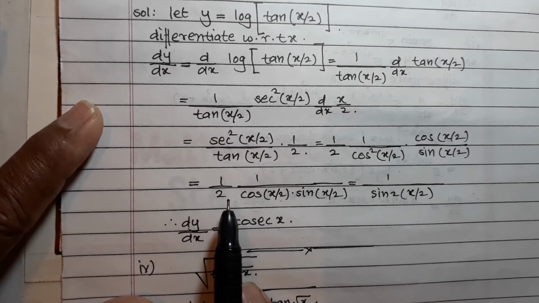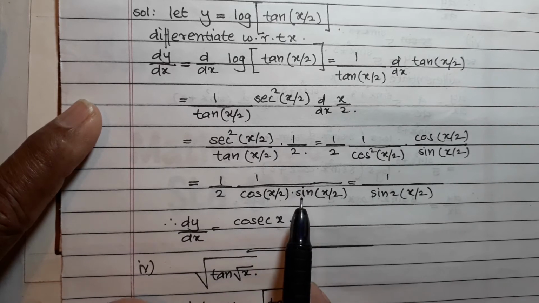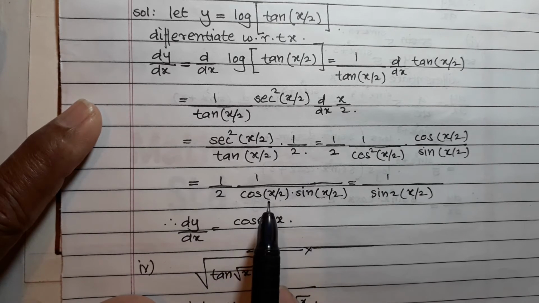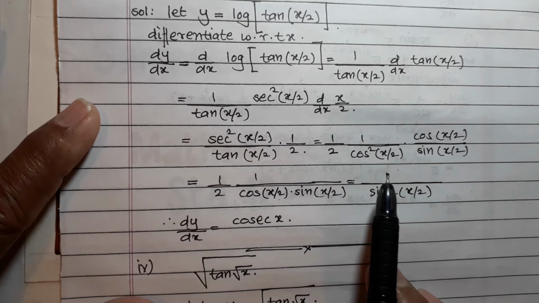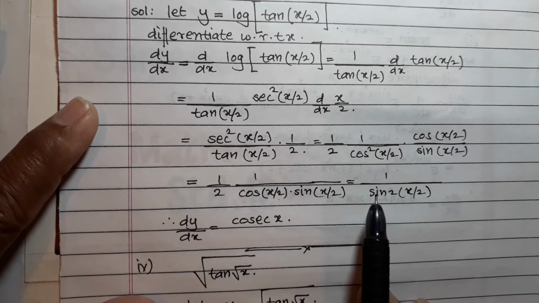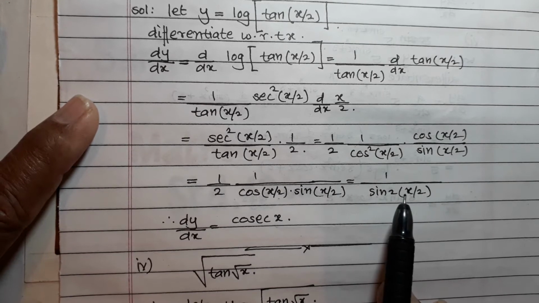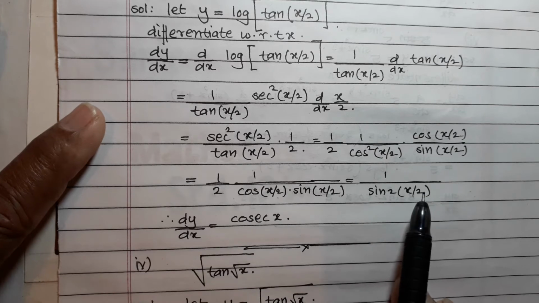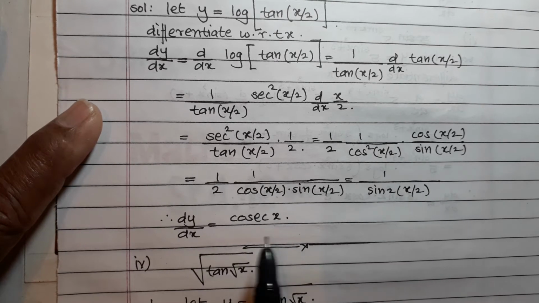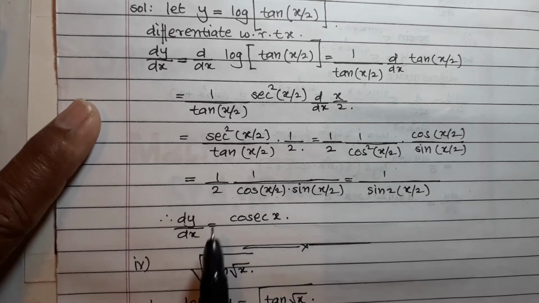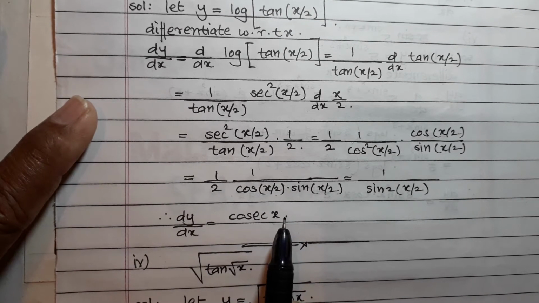So you know the simplification of this is sin 2 x upon 2, and therefore this is equal to 1 upon sin 2 into x upon 2, and this 2 and this 2 get cancelled, so it is sin x, and 1 upon sin x is nothing but cosec x, and therefore dy/dx is equal to cosec x.